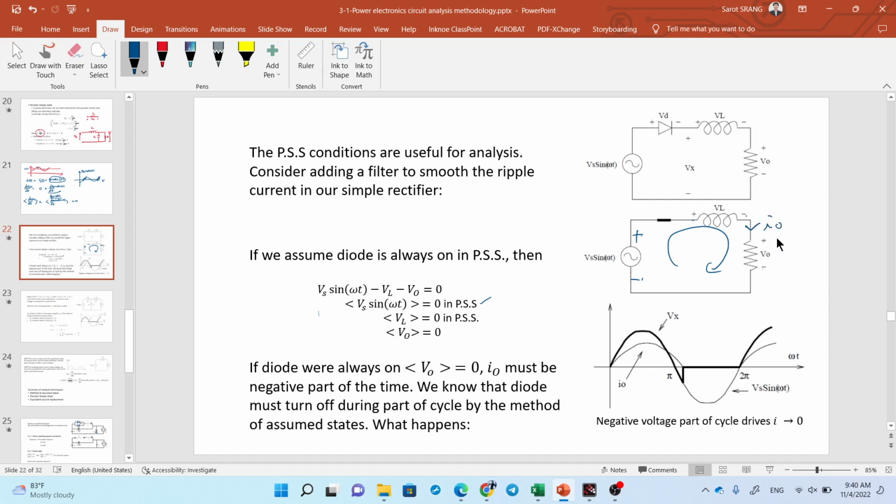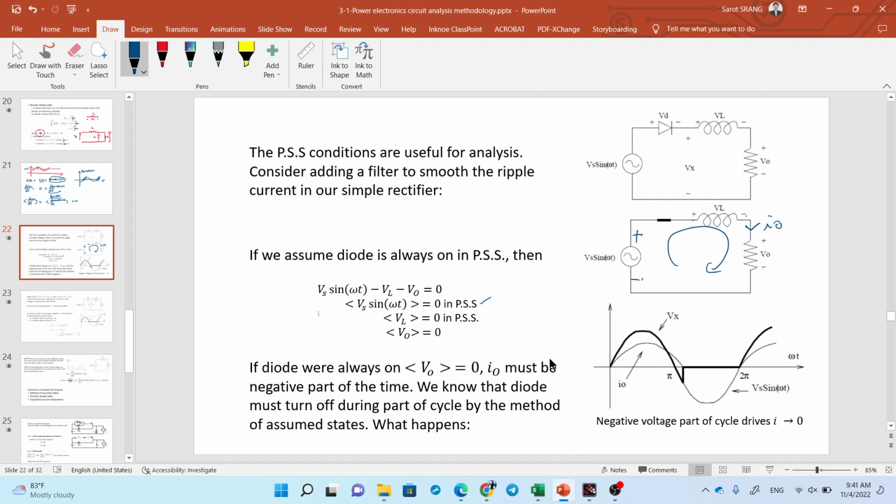Current here, I0. So the assumption that the diode is always on is wrong. This is what it means. First we make an assumption on the state of the diode, and then we do analysis using periodic steady state, and then we figure out that the current can have negative value. That's not true. It means the assumption that the diode is always on is wrong, right?